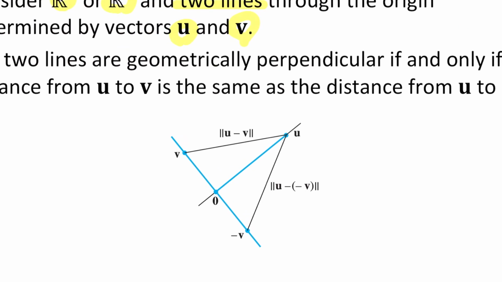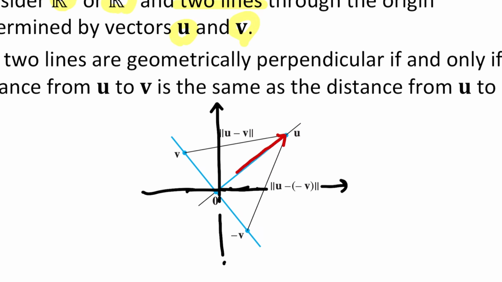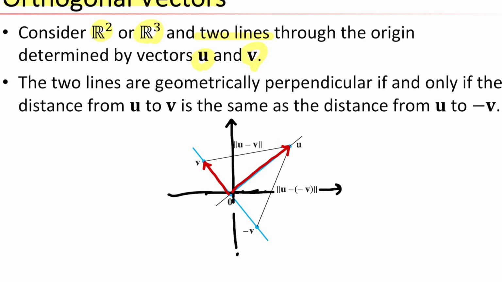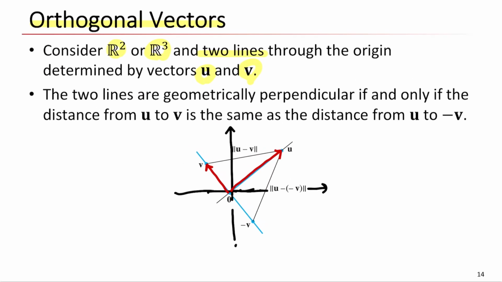For example, if the space is defined something like this, vector u and vector v are like this, right?